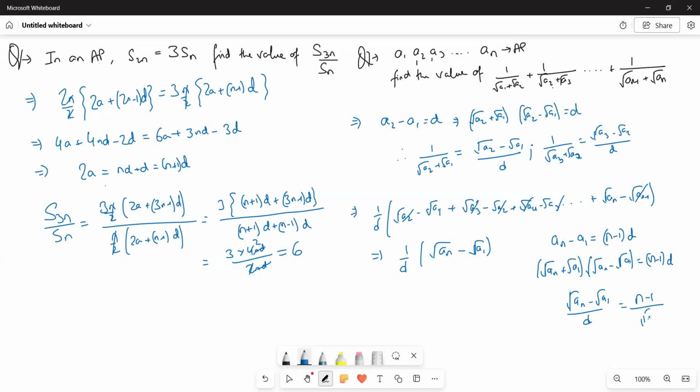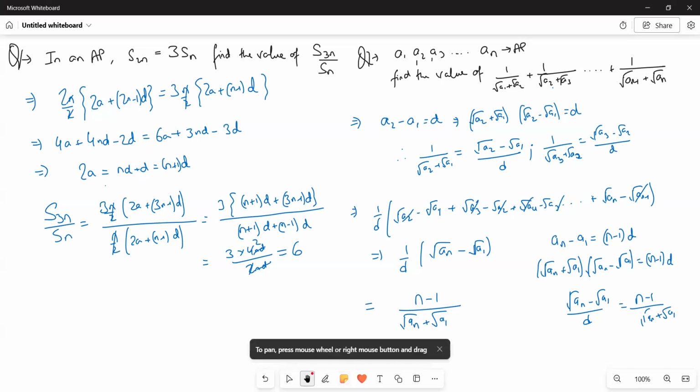N minus 1 by root over of AN plus root over of A1. So that is how we get the answer. The answer of this would be N minus 1 divided by root over of AN plus root over of A1. Is everyone clear with this?